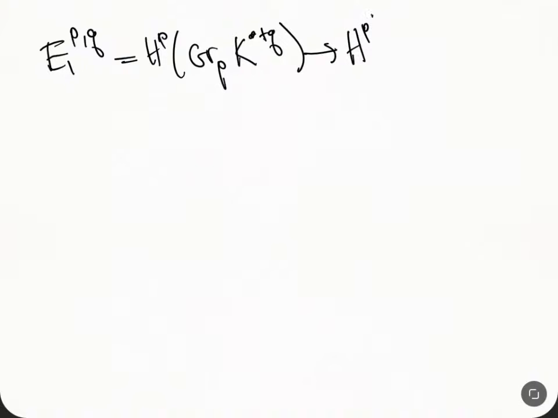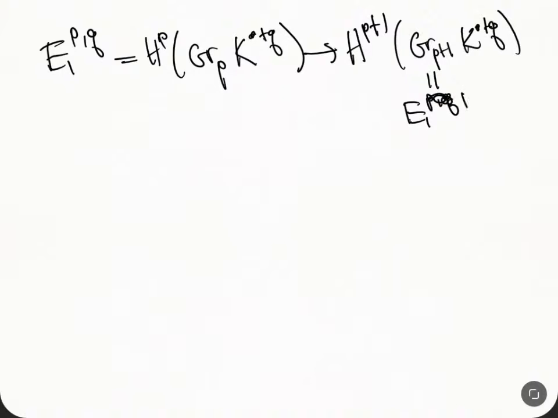This goes to H P plus 1, because this was on the other end, to the P plus first graded piece, because we're using the P plus first filtration of the same complex twisted by Q. And using this definition over here, this is just E1 P Q, or sorry, E1 P plus 1, Q.